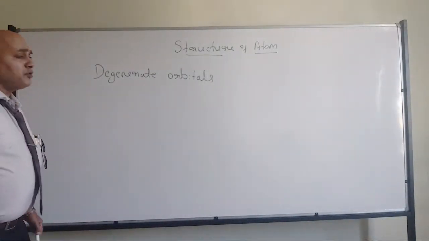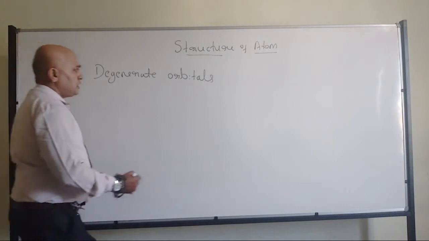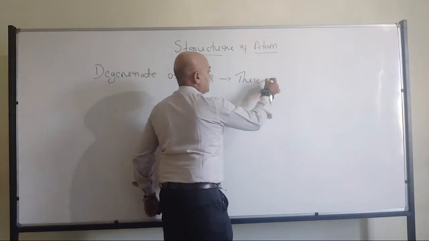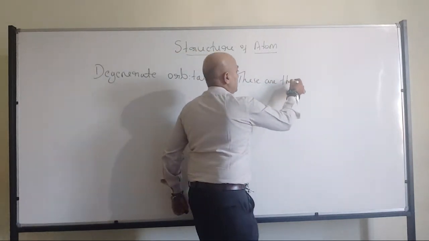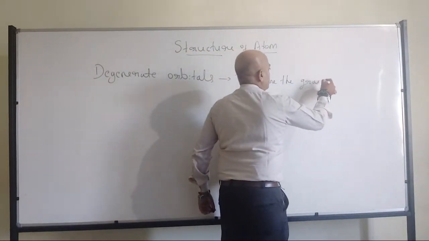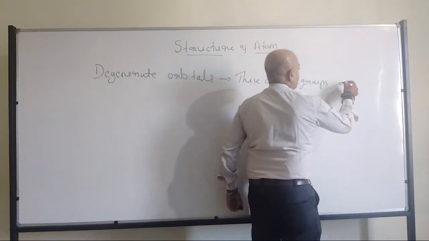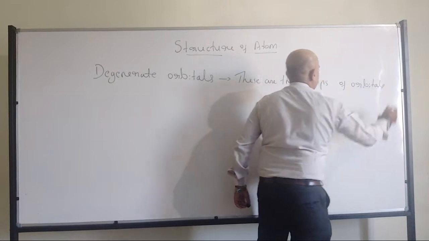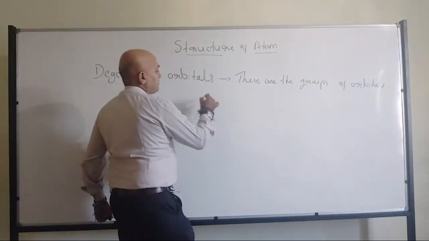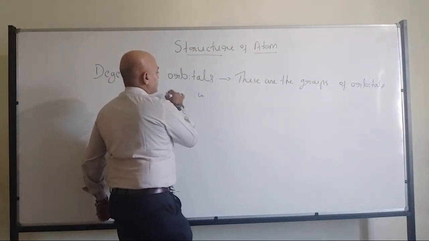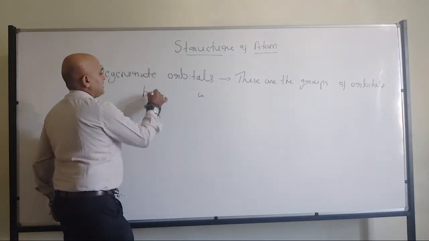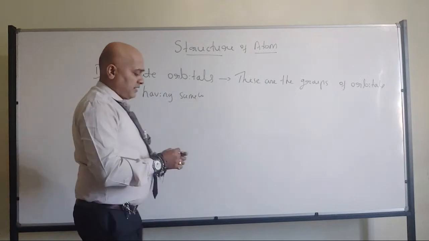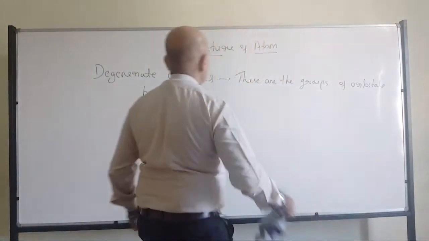When I am talking about degenerate orbitals, these are the groups of orbitals having the same energy.